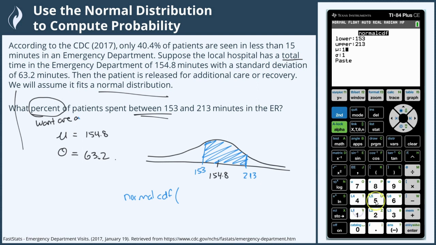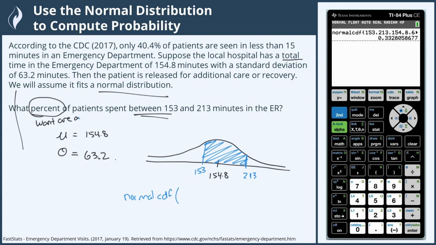Our mean is 154.8. And our standard deviation is 63.2. And we're going to paste. So those of you that don't have this look, you're going to know how to input it.